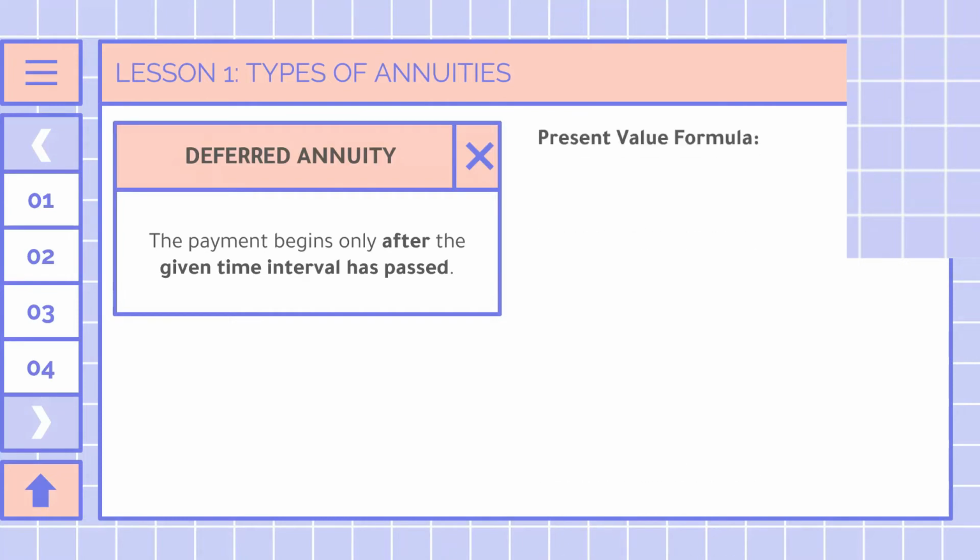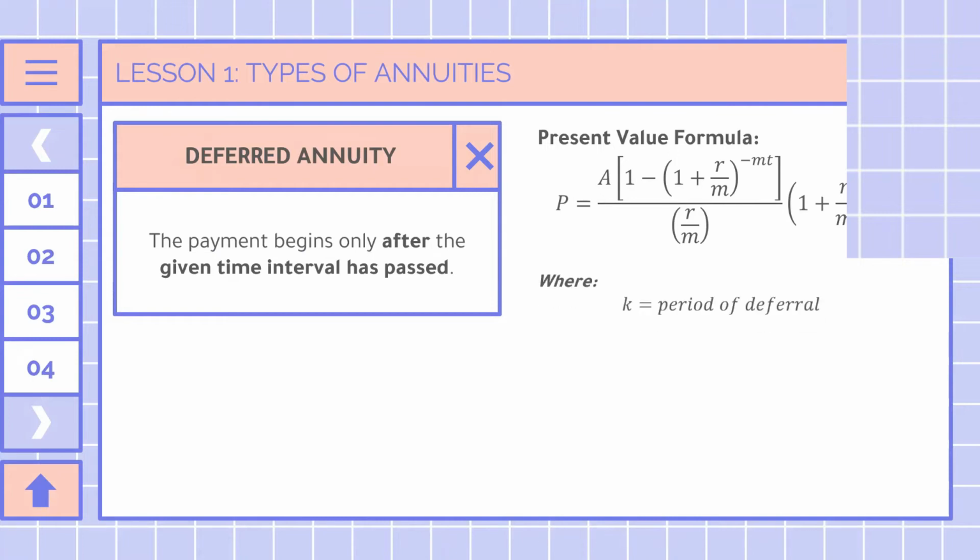So for the present value formula, P is equal to A multiplied to the quantity of 1 minus (1 plus R over M) raised to negative M multiplied to T, all over R over M, multiplied to the quantity of (1 plus R over M) raised to negative K, wherein K is equal to the period of deferral.